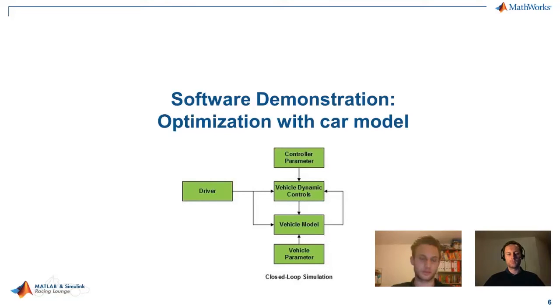As you can see here, we do a closed loop simulation with the vehicle dynamic control system inside, closing this loop with the vehicle model and the driver inputs. Now I want to show you how we implemented the parameter optimization step by step, and what steps should be done to get the optimized parameters.